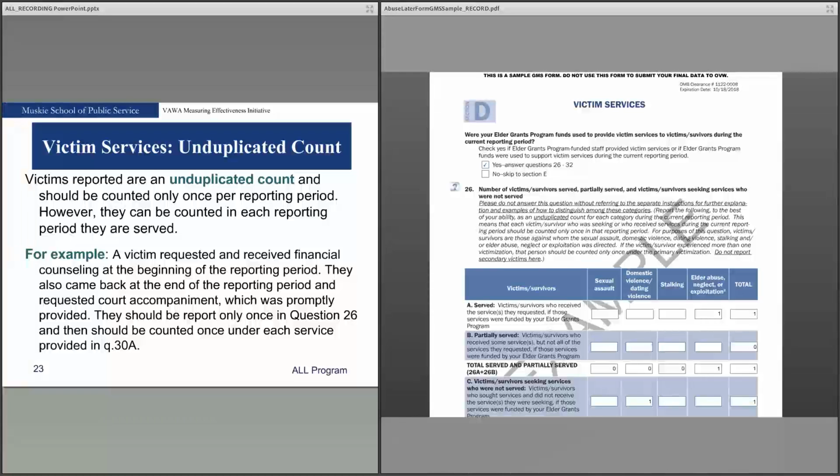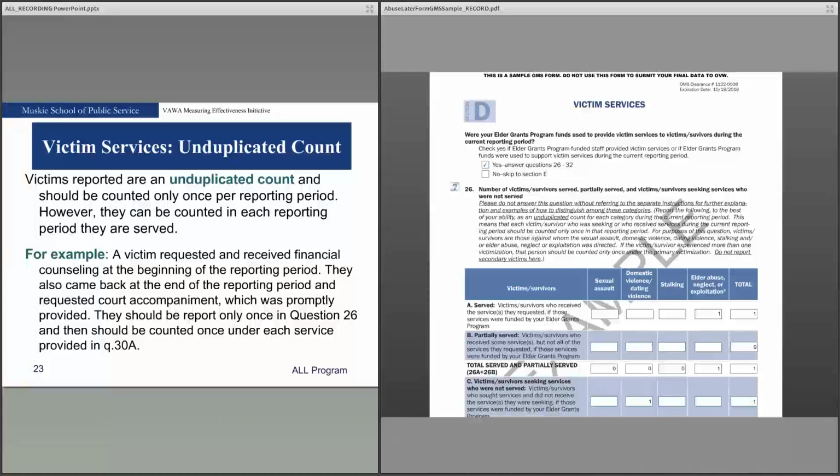Victims reported must be an unduplicated count and should only be counted once per reporting period. However, victim survivors can be counted in each reporting period that they are served. For example, if a victim requested and received financial counseling at the beginning of the January to June reporting period, then they also came back at the end of the reporting period and requested court accompaniment, which is promptly provided.